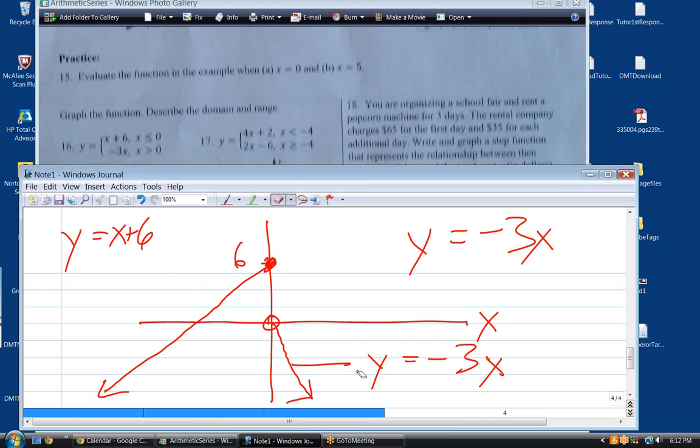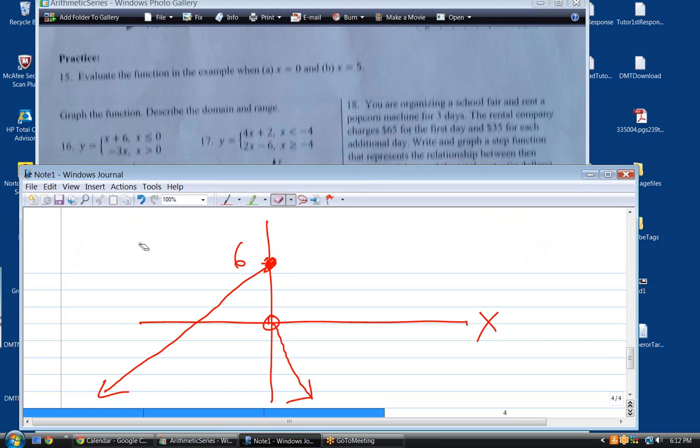Notice this passes the vertical line test. To the left of the y-axis, the function is x plus 6. To the right, the function is minus 3x. And at 0, it's x plus 6, so at 0 it would be equal to 6.